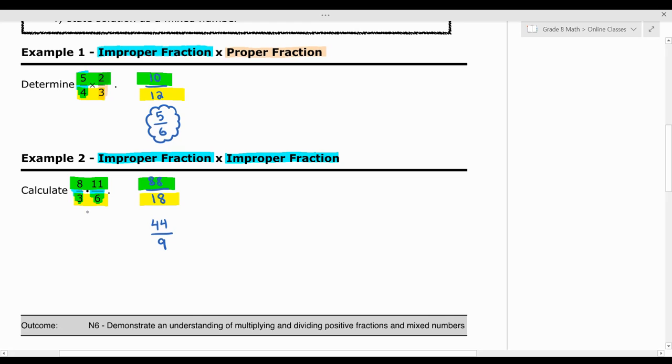Now, the question was stated as improper, so you could leave your answer like this, 44/9. Or you could change it to a mixed number. How many 9s divide evenly into 44? That answer is going to be 4. That gives me 36, and then I'd be left with 8 9s. So there are 2 possible ways to state your solution for that one.